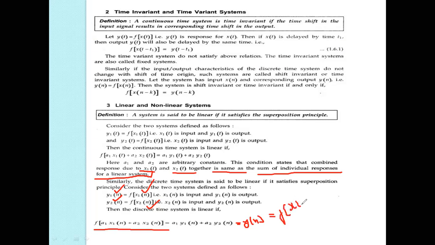What is the x of n? The combination of the two functions, a1 x1 plus a2 x2. And y of n is the combination of the two output responses, a1 y1 of n plus a2 y2 of n. Okay, my dear students.